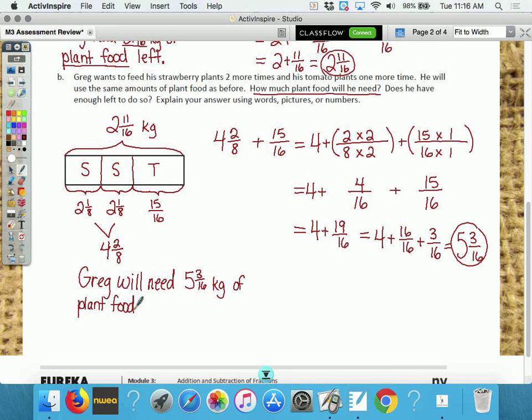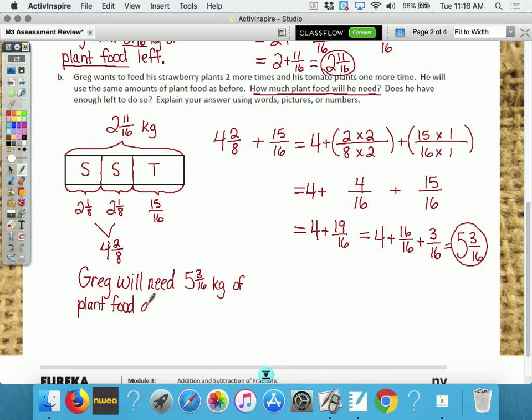Now you can do it two ways. You could write another sentence, he does not have enough plant food left. Or you could write, and he does not have enough left. Because he only has how much? 2 and 11/16.